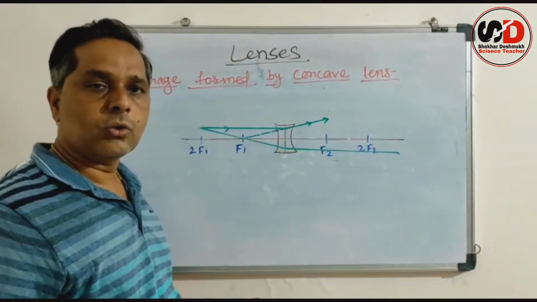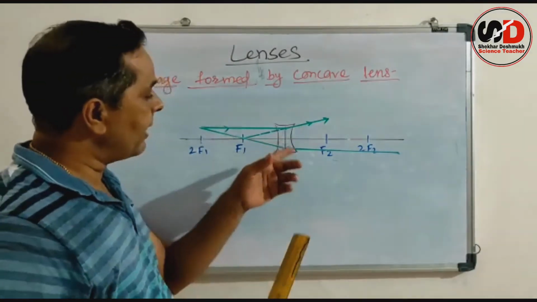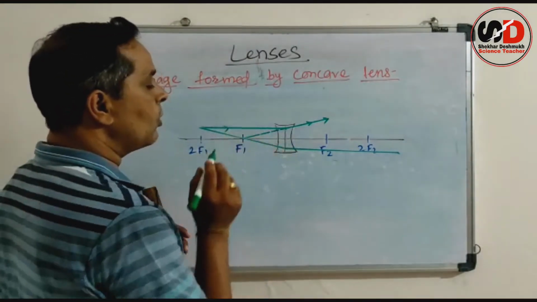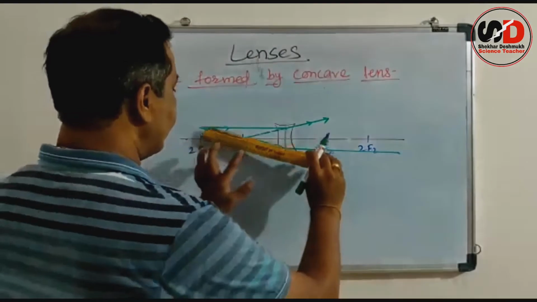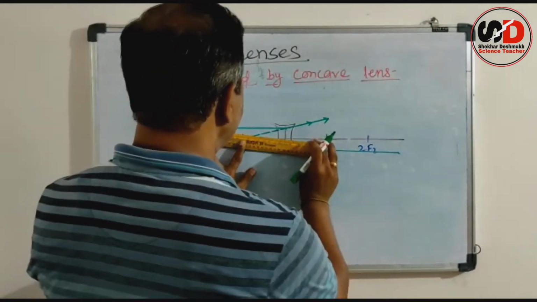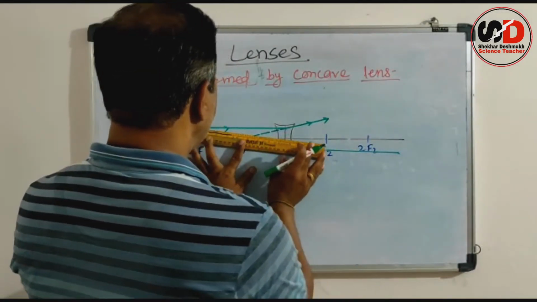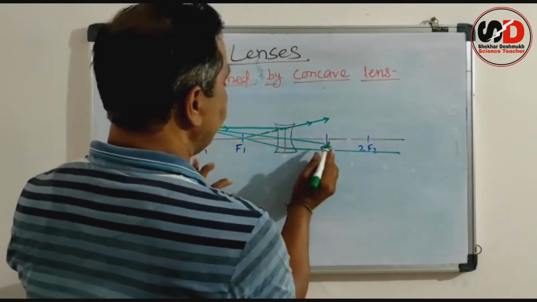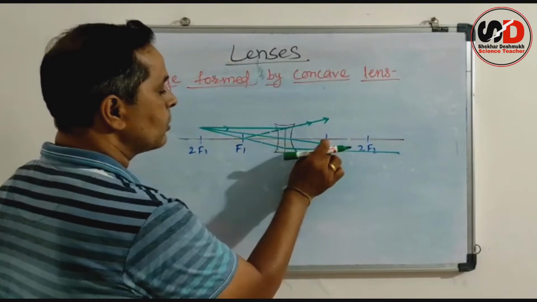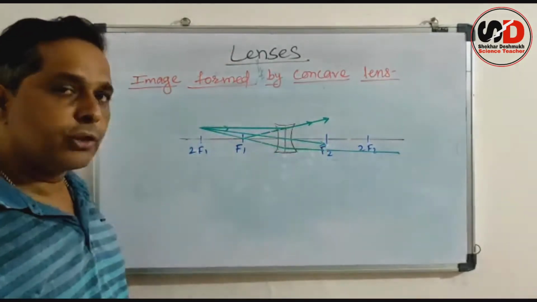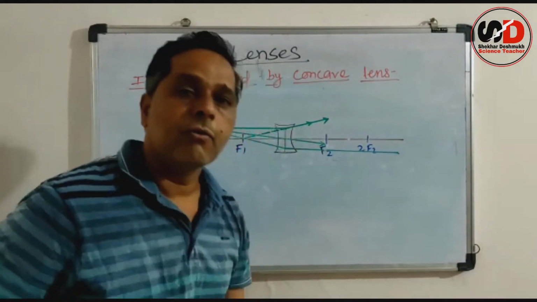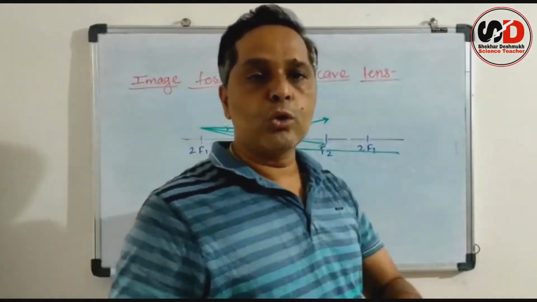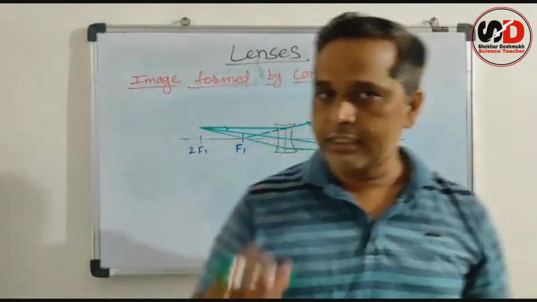And the third rule: if the light ray passes through the optical center O, it passes through it without any deviation. So these are the three rules. We have to use two rules out of these three.